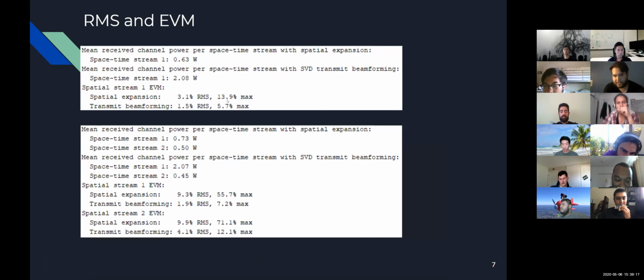For the one that only has one spatial stream, it has 13.9% when you use spatial expansion, and 5.7 error when you use beamforming. Whereas the one with two spatial streams has 55 and 71 for the spatial expansion. So you can tell that it's much worse than with one spatial stream.